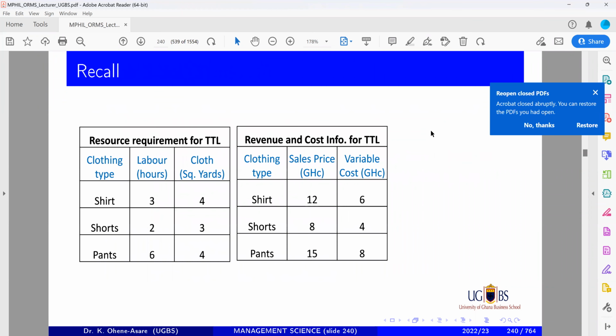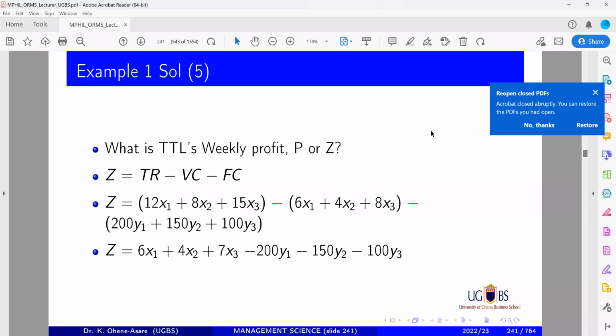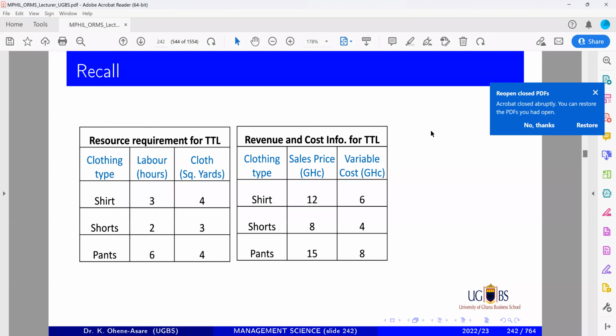By the way, all the things that I wrote, you can see all of them right here. Now, there's something about the labor constraint. If you look at it, we have been told that we have 3, 2, and then 6. What are we going to multiply them with? That's my question to you. Are we multiplying the 3, the 2, the 6 by the Y's, or by the X's?